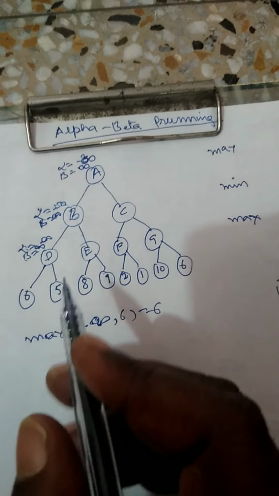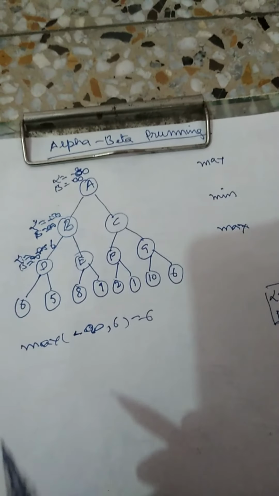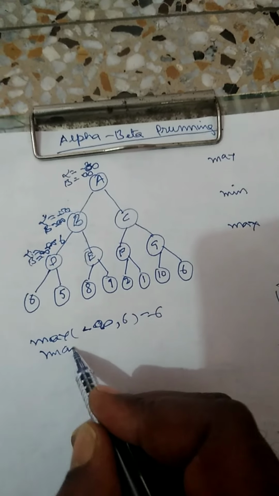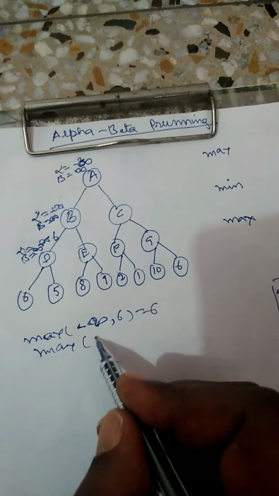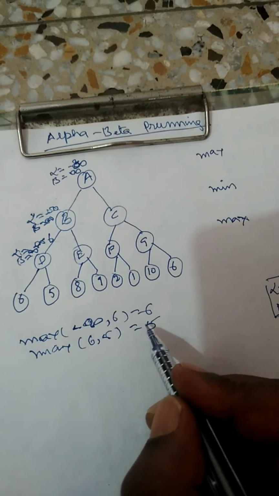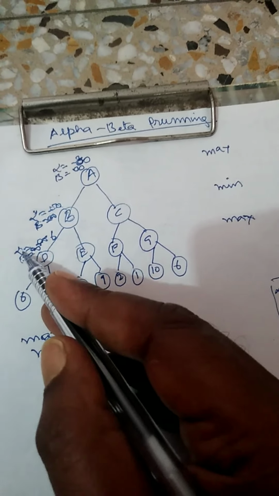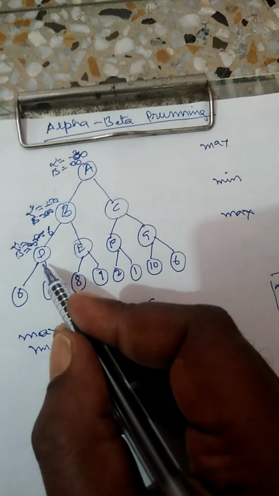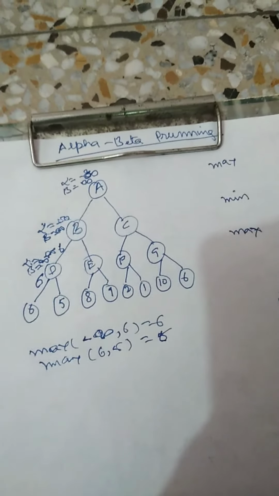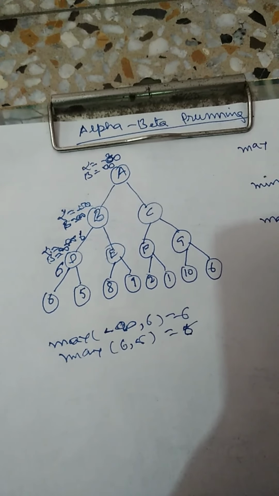Again, max of 6 and 5 is again 6. So the alpha value remains 6. Here we write the node value 6. Just to remember, node D got the value 6.